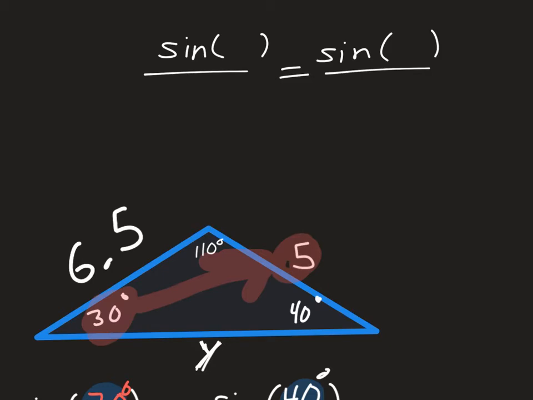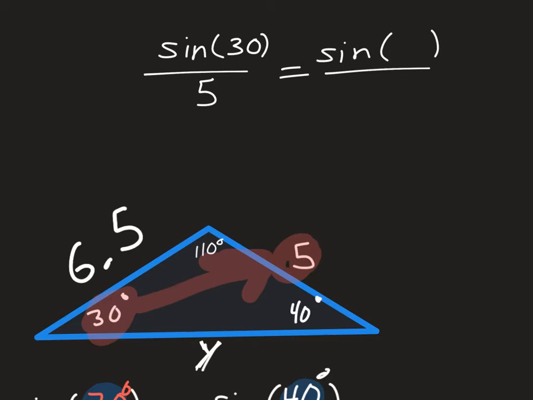Now that I've done some more work, I actually have two different options. So I could go sine of 40 over 6.5 since I now do know both of those. Or I could go with sine of 30 over 5 since I also know both of those. I'm going to go ahead and choose the sine of 30 over 5.